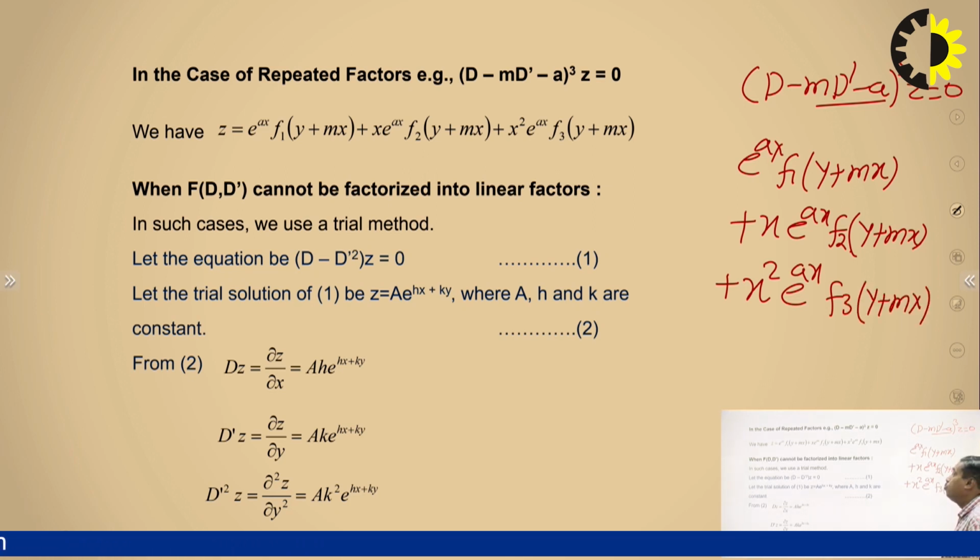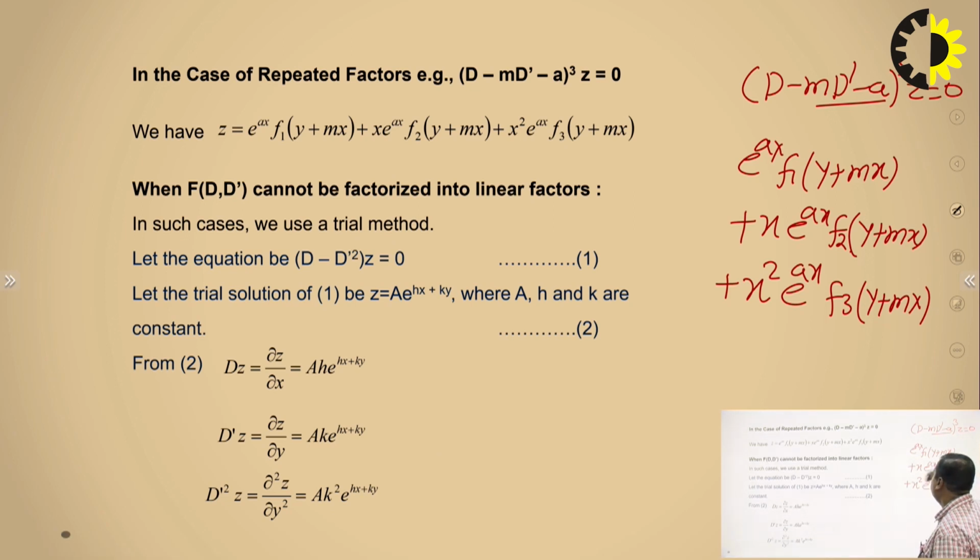That means the three roots are taken at the same time, so we use the factors 1, x and x square.